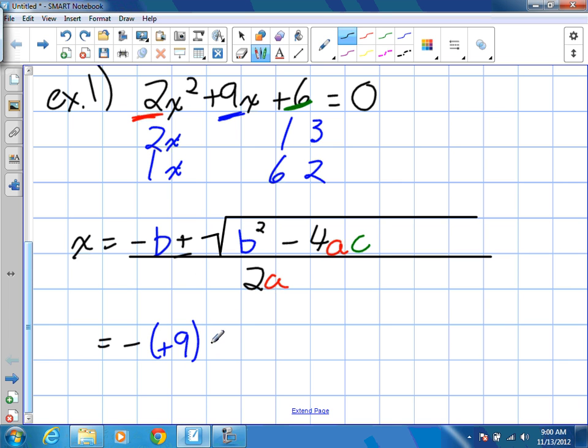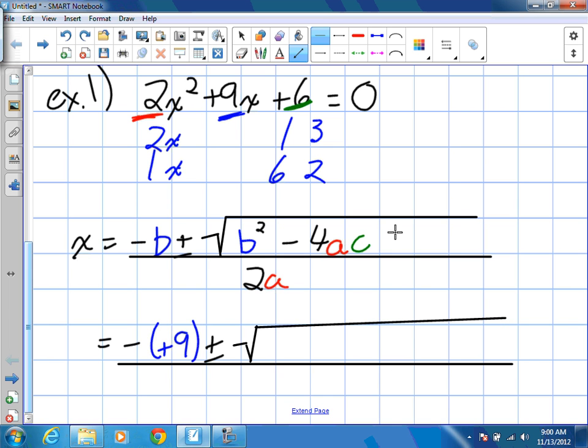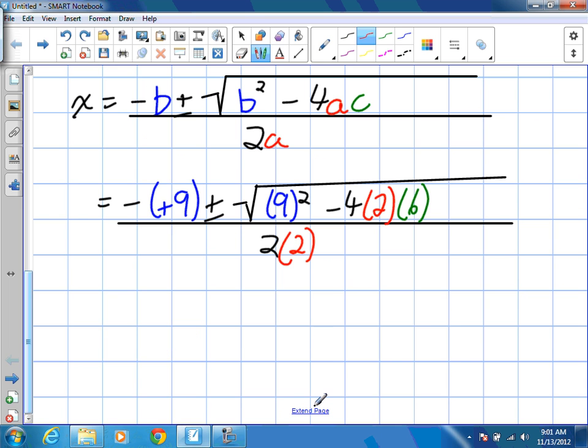Plus or minus the square root of 9 squared, because that's our b. 9 squared minus 4 times our a value is 2. Our c value is 6. And everything is divided by 2 times our a value again, which is 2. Okay? So we plugged all of these values in. We've got to go through BEDMAS to solve this.